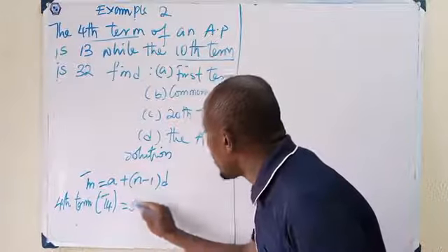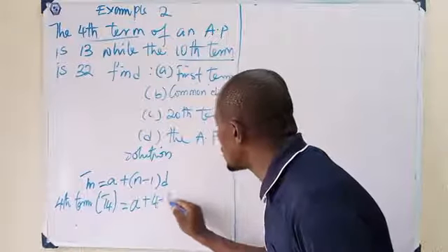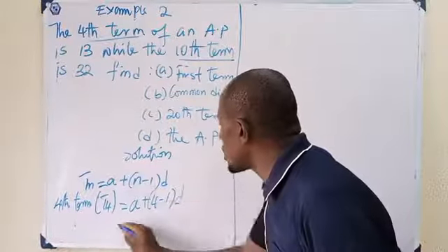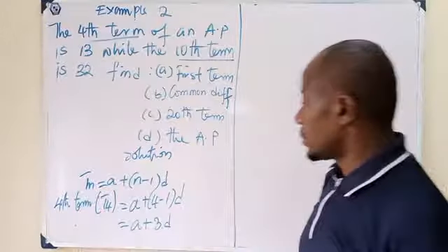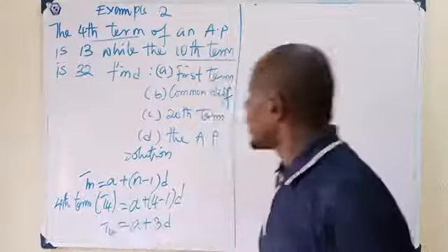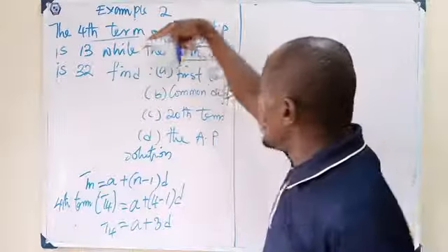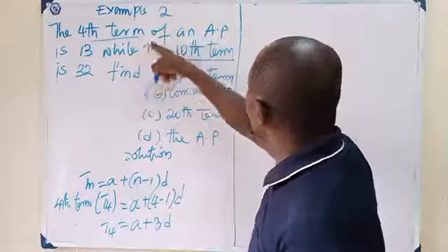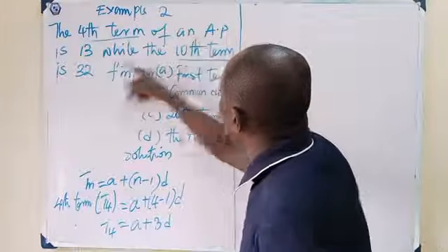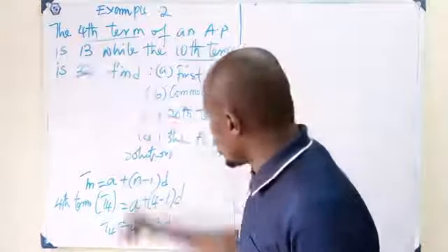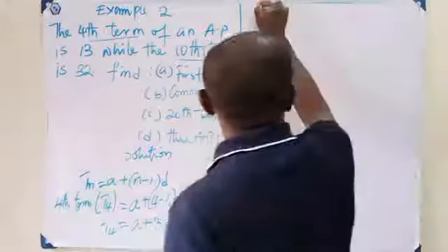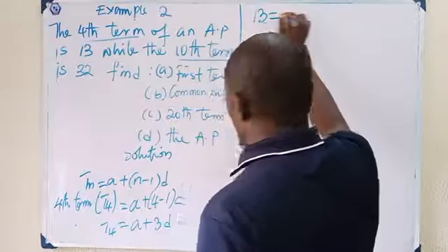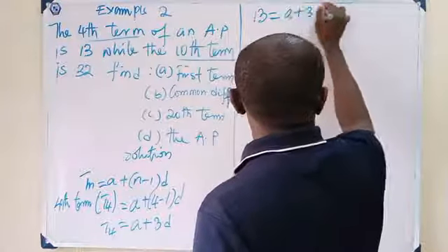So this will be a plus 4 minus 1 times d. So this is equal to a plus 3d. Now, you go back to the equation again. What is T4? T4 is 13. So you are going to remove this T4 and replace it with 13. So we have 13 is equal to a plus 3d.